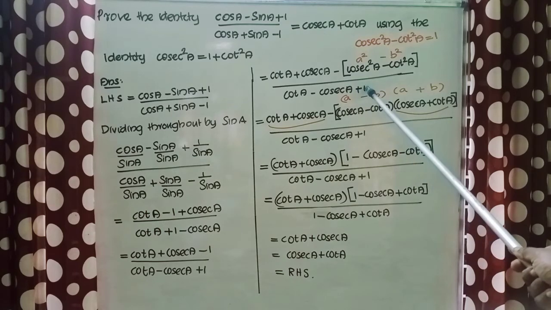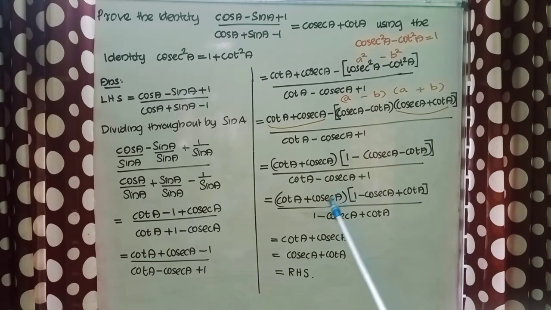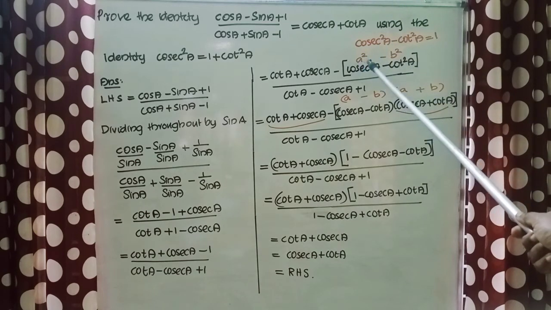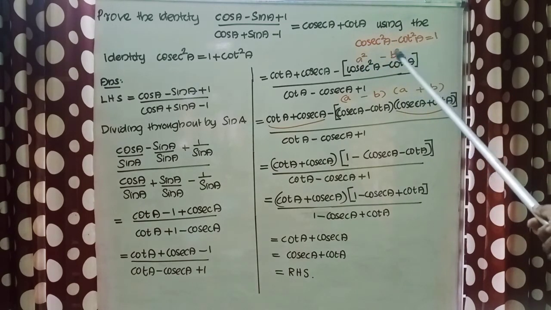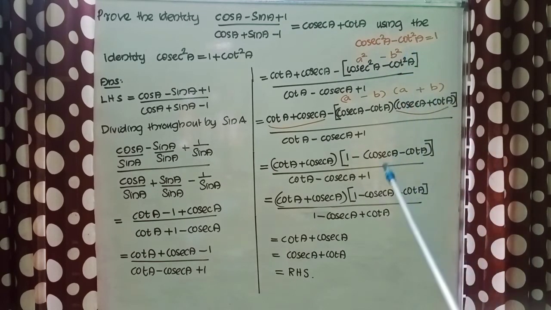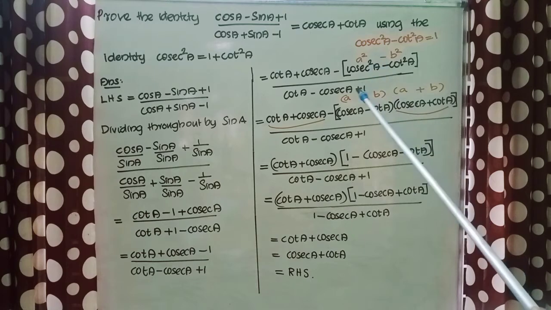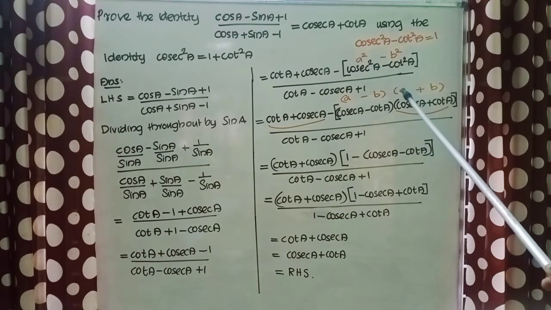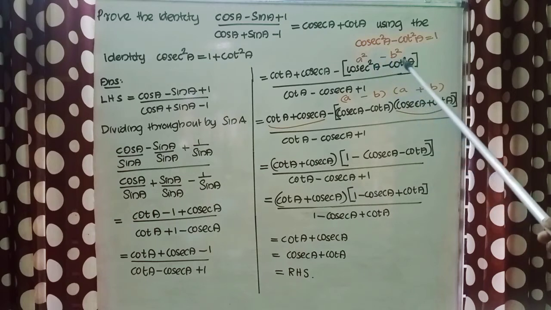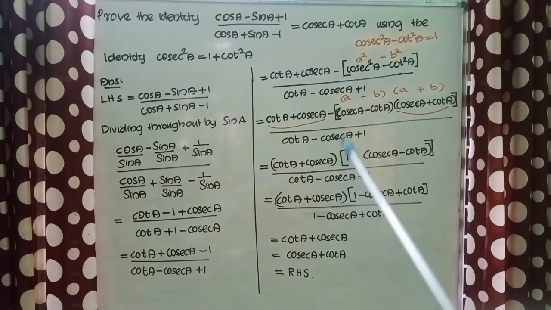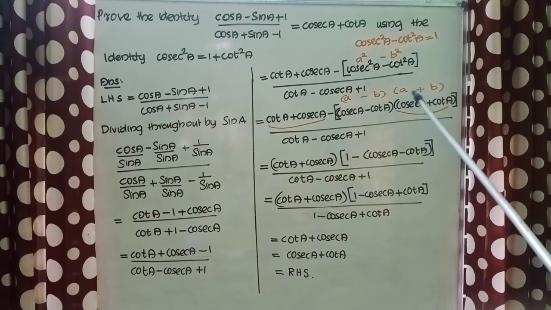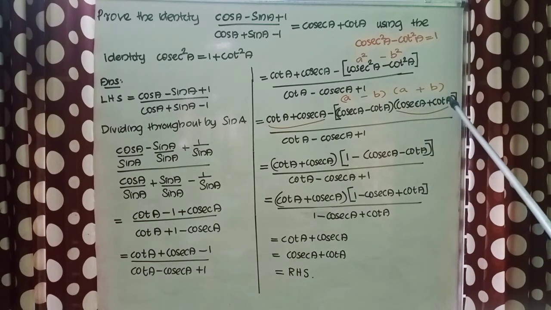Here this 1 we are not going to change. Now you see the numerator. Here cosec square A minus cot square A is in the form A square minus B square. We can write it as (A minus B) into (A plus B). So cosec square A minus cot square A we can write as (cosec A minus cot A) into (cosec A plus cot A).